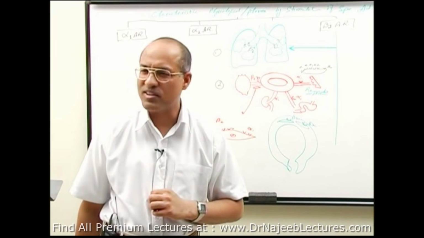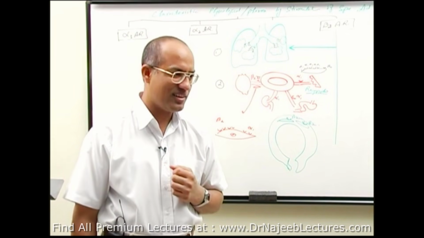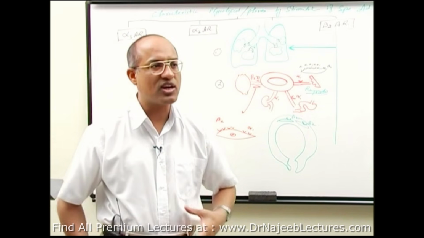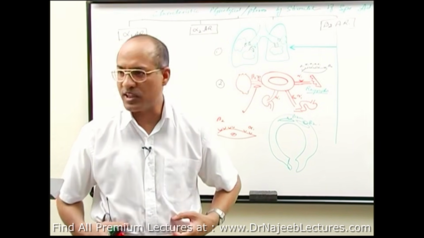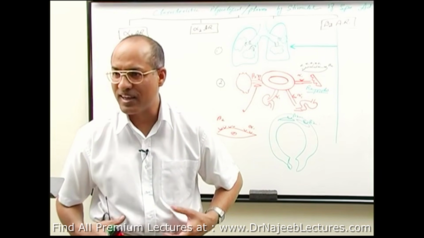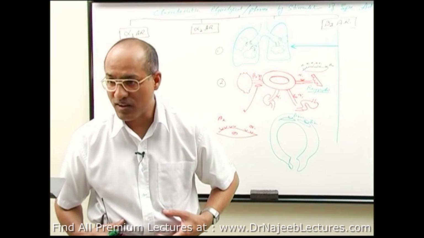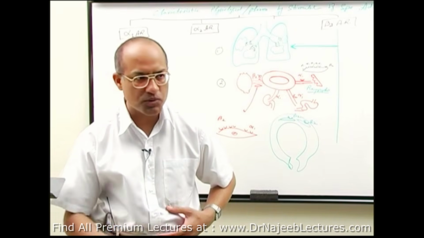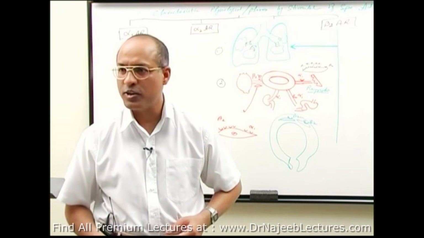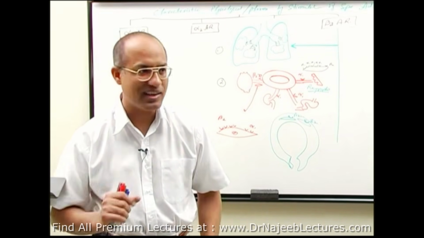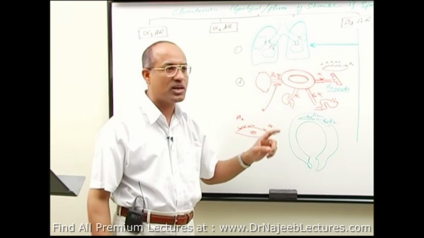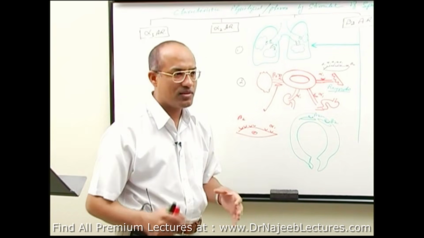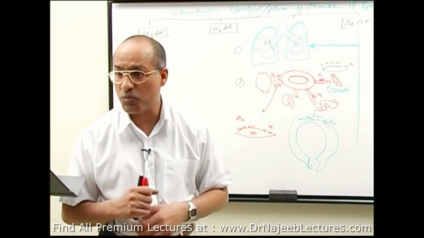And I told you previously, this has clinical importance, that when a pregnant uterus starts contracting before time, there are premature labor pains and labor contractions, and it threatens to produce premature birth of the baby. You can give a beta-2 stimulant drug which will produce relaxation of the myometrium so that the uterus should not threaten to push the baby out before time.